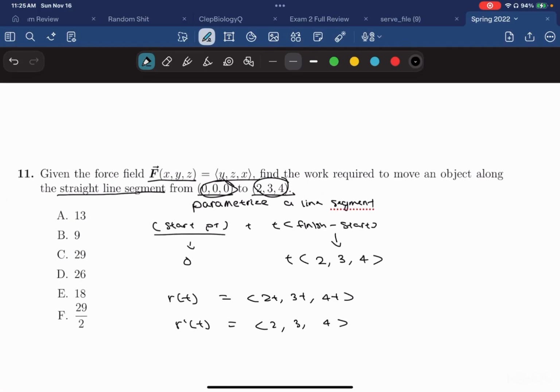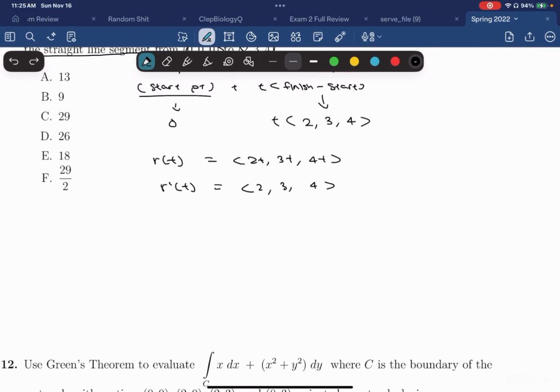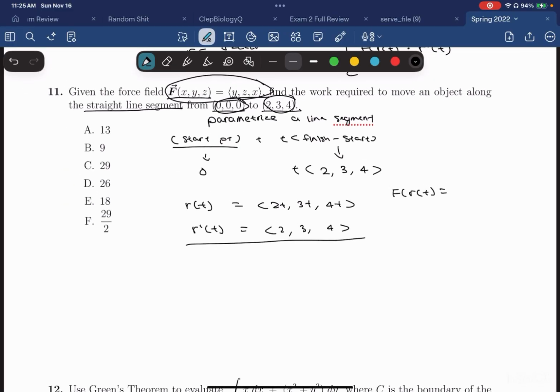Now, remember, since our F is a vector and r is a vector, the form for this one will simply be the integral of F dotted with r prime of t. Not the magnitude of r prime of t, just the r prime of t. So now we know our r prime of t is 2, 3, 4. If we plug the r of t into the F, we simply get, it's y, so that's 3t, then 4t, and x, which is 2t.